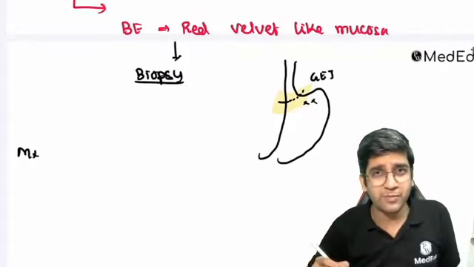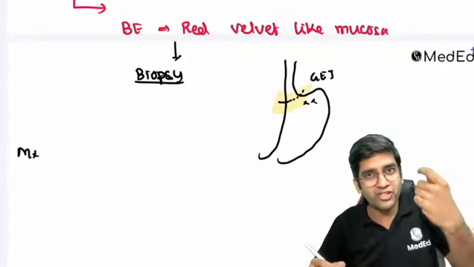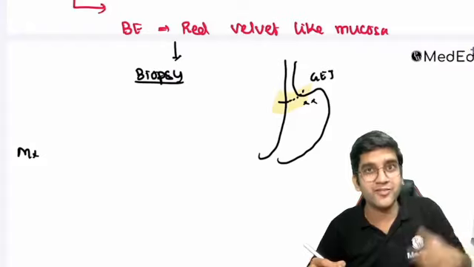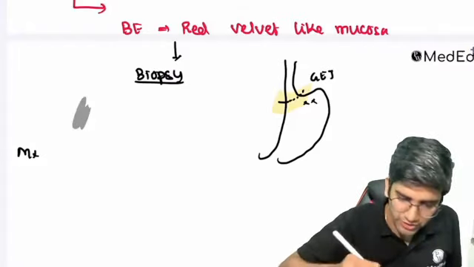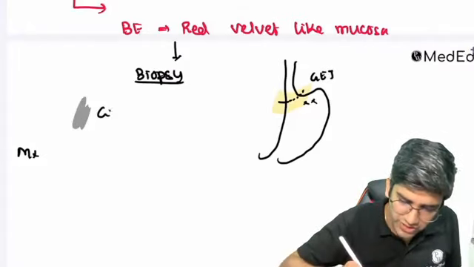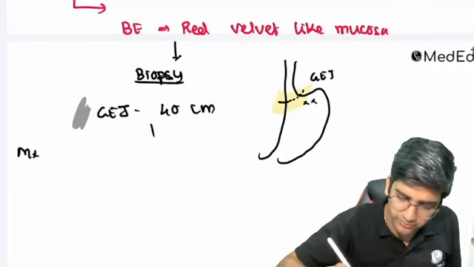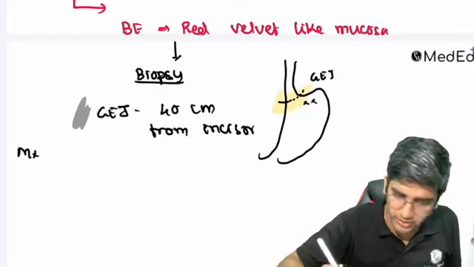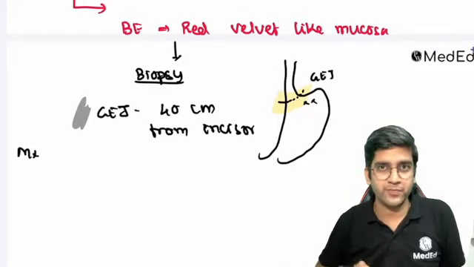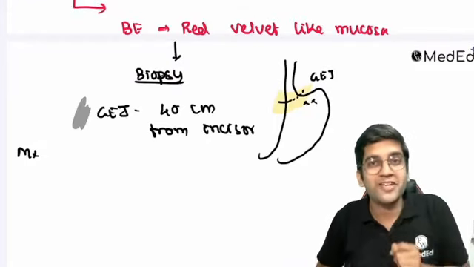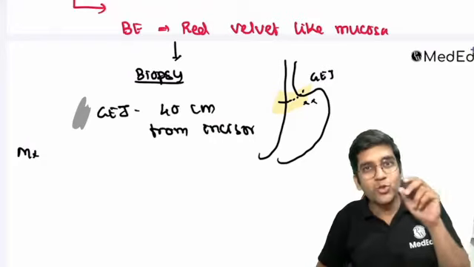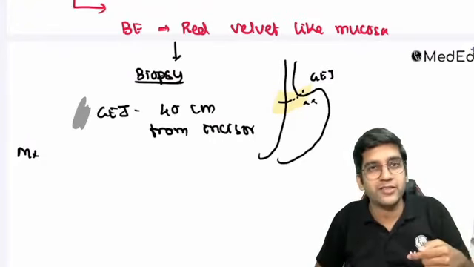If you remember in anatomy, you must have read about constrictions in the esophagus, surface anatomy. The GE junction is at 40 centimeters from the incisors. Okay? That is what is very important for me. When you put in the endoscope, it will have markings.